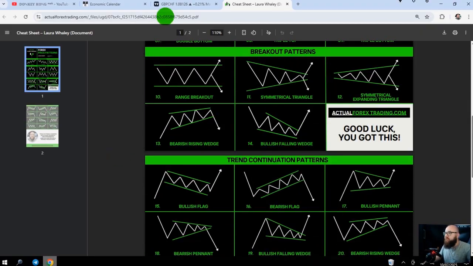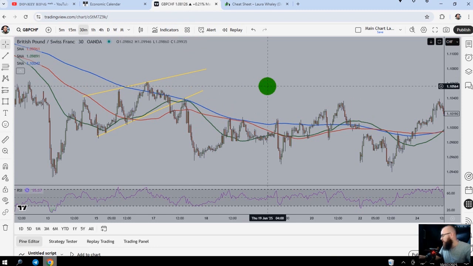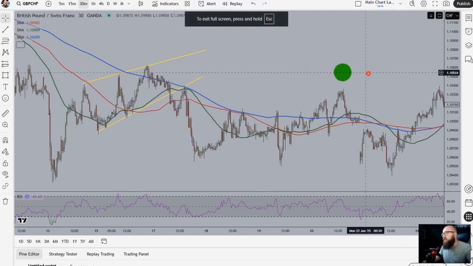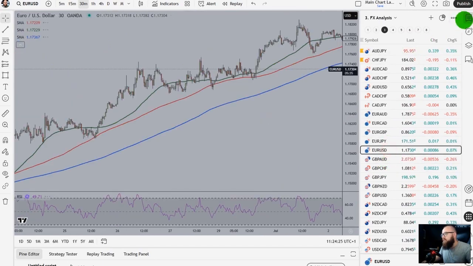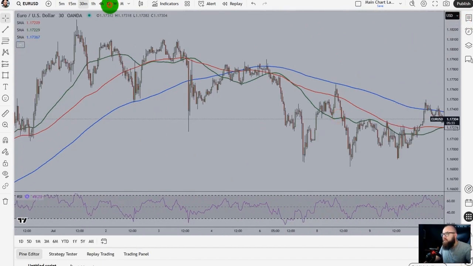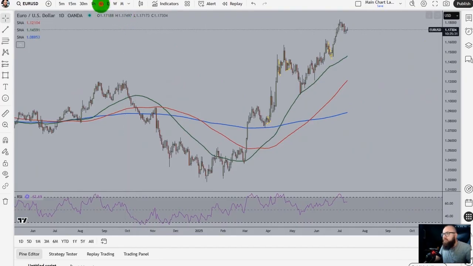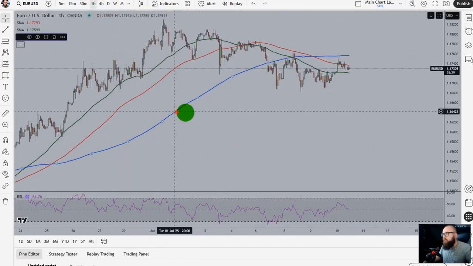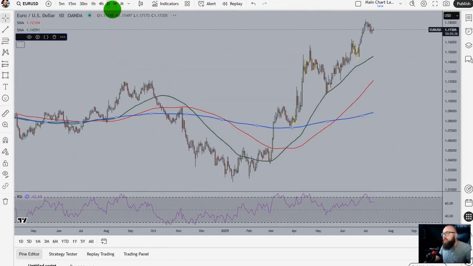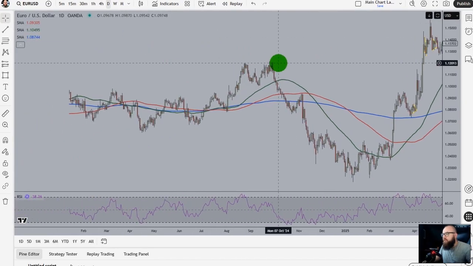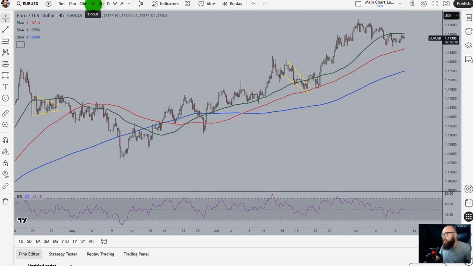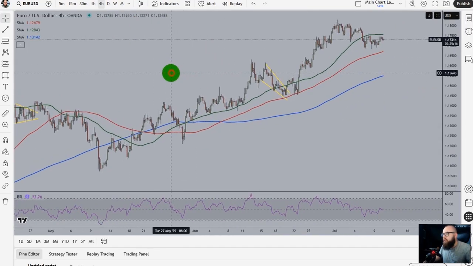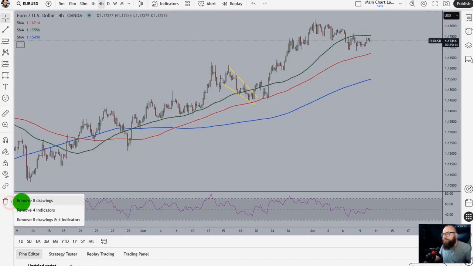So back to the charts, and let's identify these things. Let's go back to Euro US dollar. I did like the chart here. Okay, so let's have a look and see what we can spot.